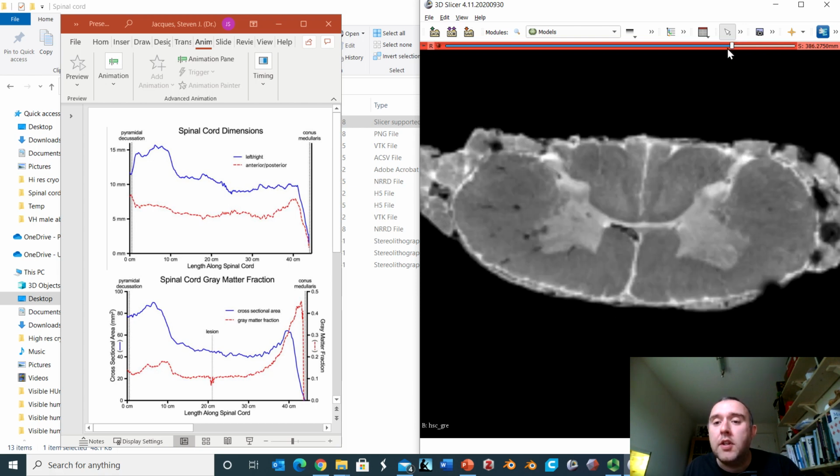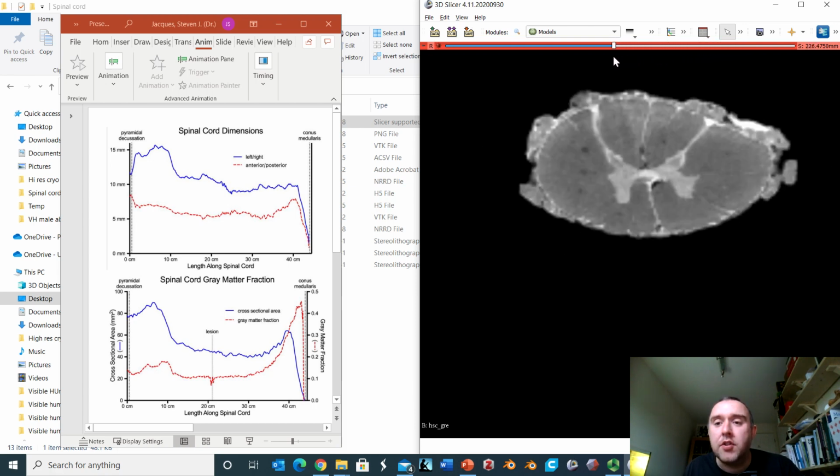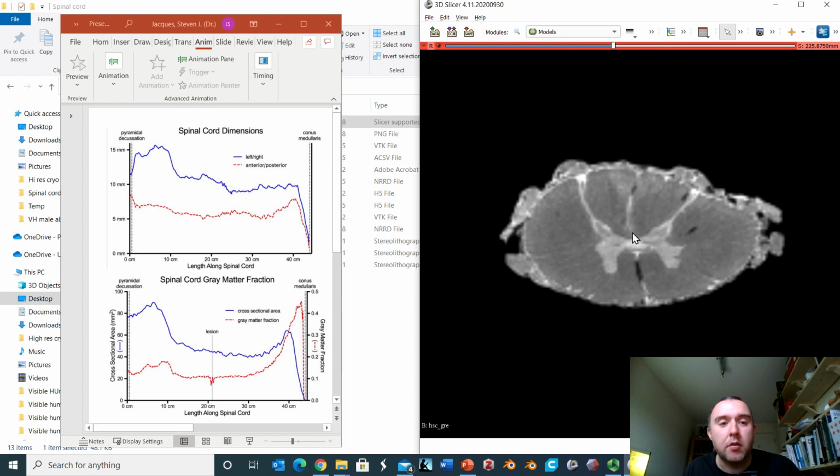As we move down into the thoracic region now, so now we're in the thoracic spinal cord, we see that the left-right and the anterior-posterior dimensions are smaller, which we said before, that the thoracic cord is thin. And furthermore, the cross-sectional area is low.